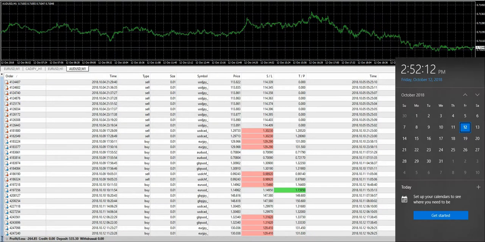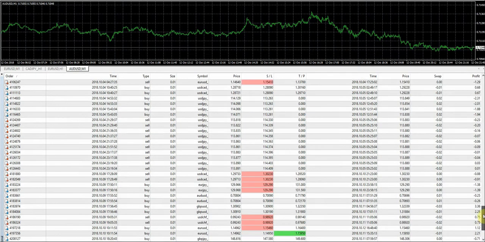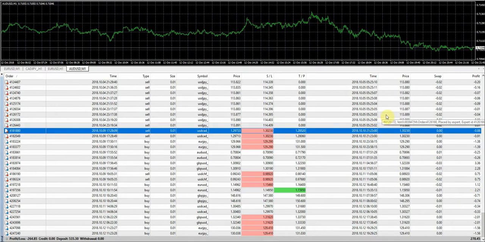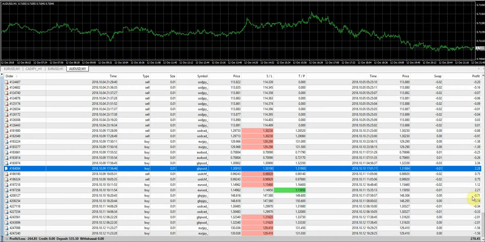All right, first day of the week was the 8th. All right, so we didn't take as many trades as we took last week. Let's go ahead and take a look here. Lots of little small losses, few small winners. $2, $2, $1 loss.